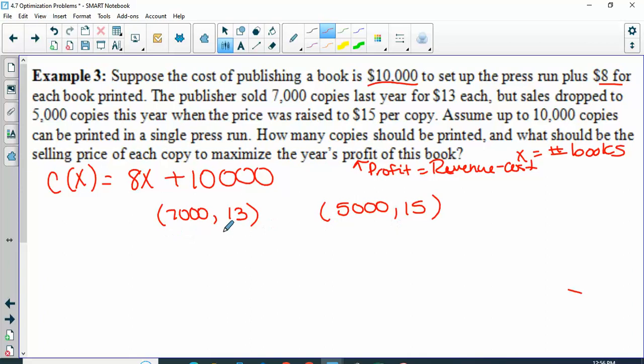So let's look at this information. This was telling you how many were sold, so we would use this to find our revenue. If we have 2 points, can we write the equation of the line between those? So, slope, y sub 2 minus y sub 1 over x sub 2 minus x sub 1.